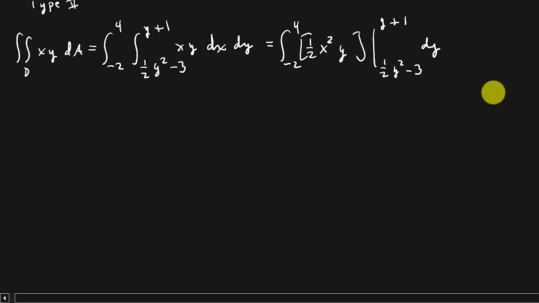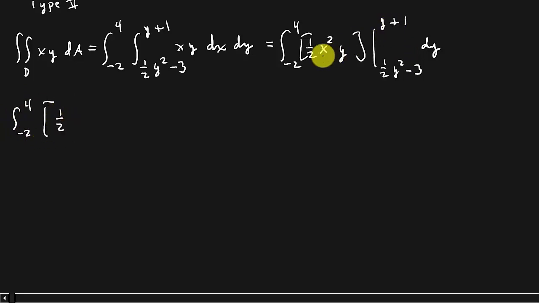So now we've got to plug all that in. This right here, to me, is the most tedious part. This is where you really have to be careful, combining all those terms and simplifying. You need to really take your time because it's easy to mess up. So we've got -2 to 4, and that is going to be 1/2.